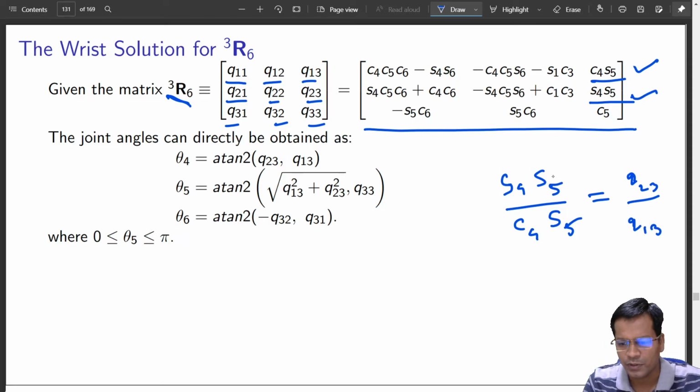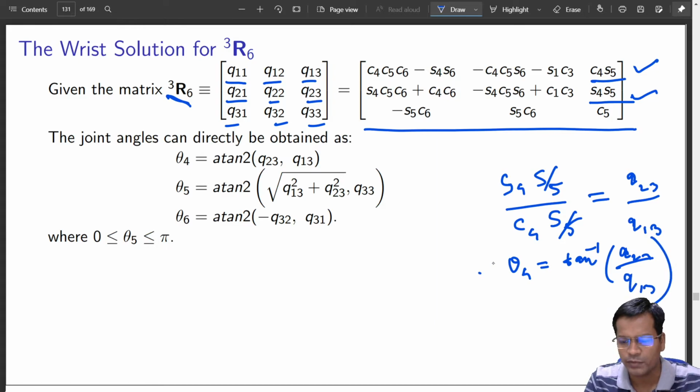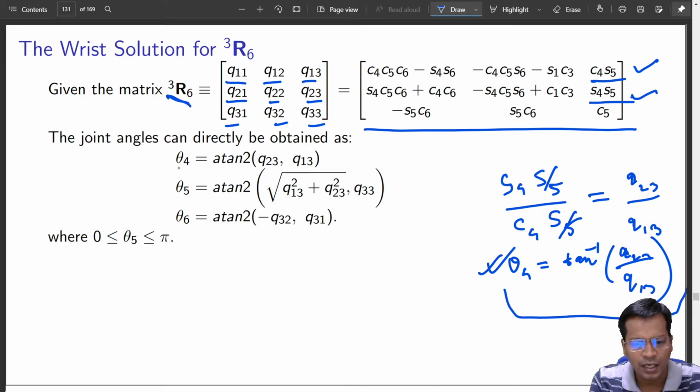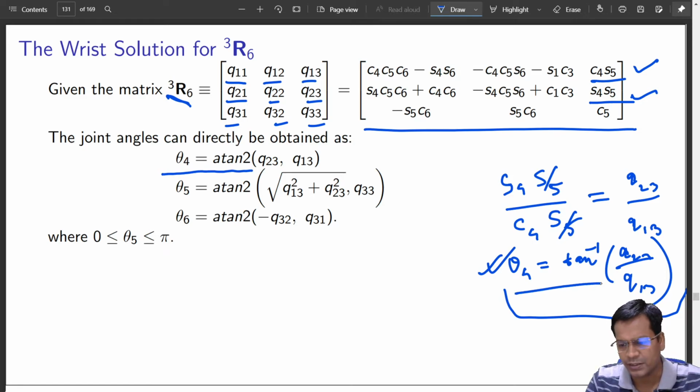These two will go, so you can get theta 4 is equal to tan inverse of Q23 by Q13, is it not? So tan inverse, that means this is obtained. This is what can be written as an arctan2 solution. Trigonometrically it is this.